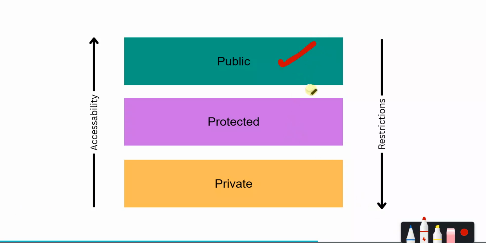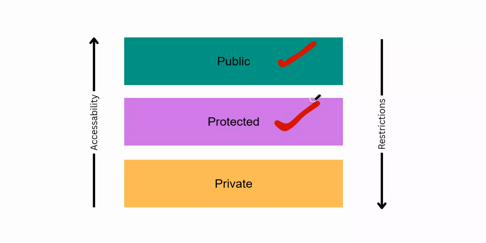Public means that the public data members are available everywhere. Protected means that the data will be available in the child classes also.